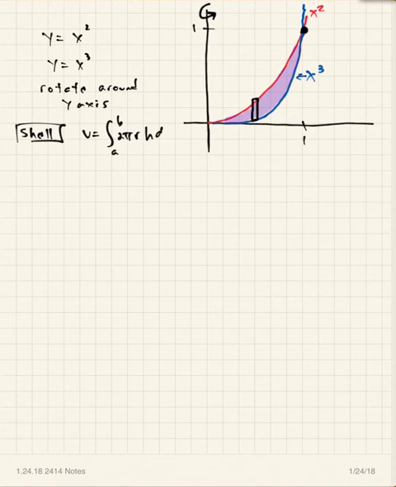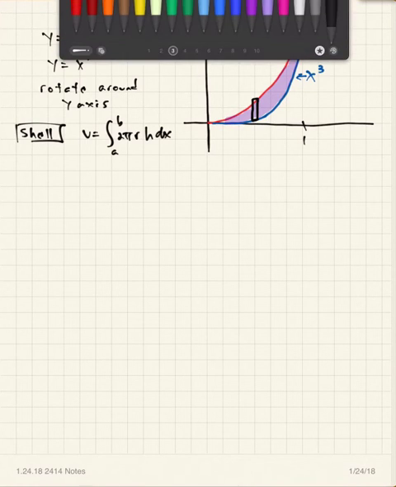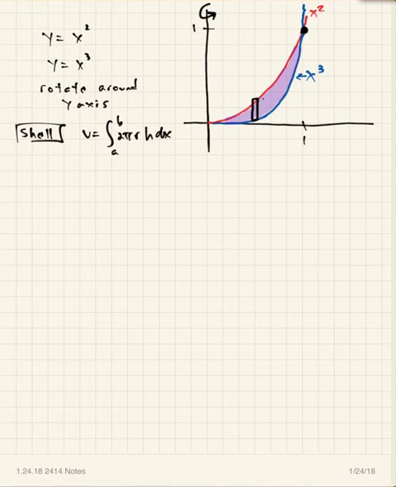So this would be dx. And if you look at the picture there, h would be the height of this rectangle, this distance. That's h. And h would simply be the two curves subtracted, because it's just the distance between those two curves. And so h would be x squared minus x cubed.